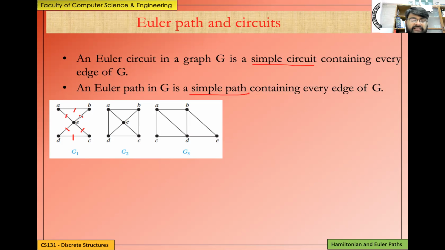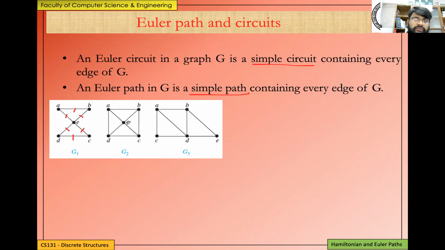So there exists at least a path from which you can start and end at the same vertex. So the graph G1 contains an Euler circuit, if we start at A and end back at A.